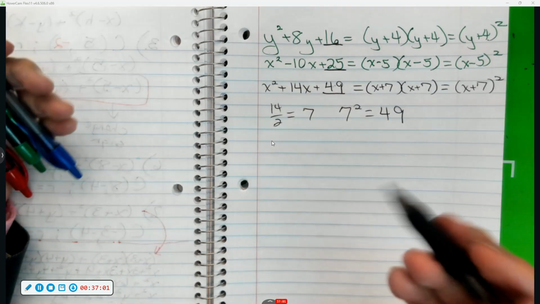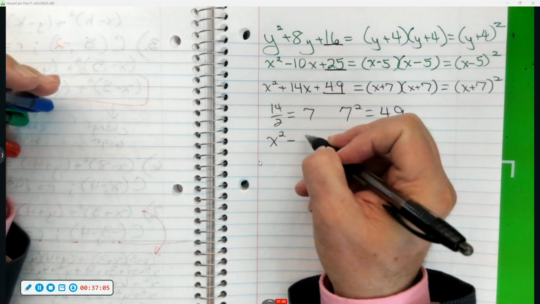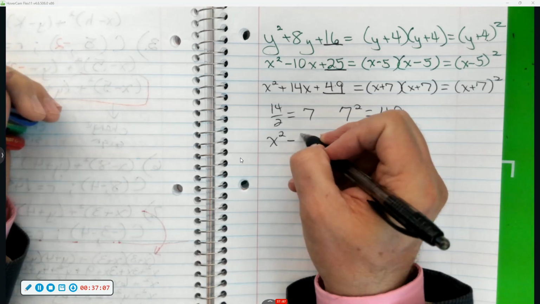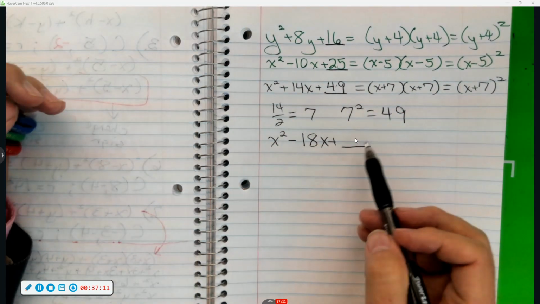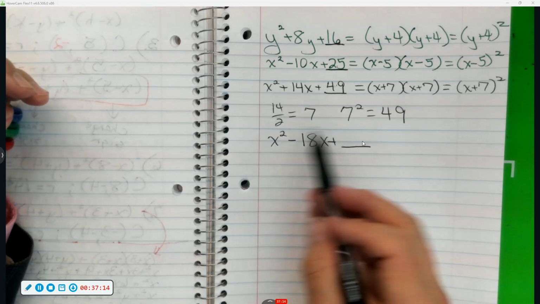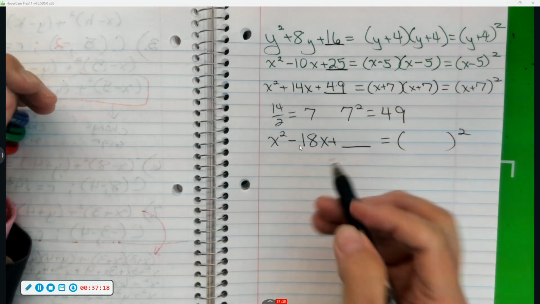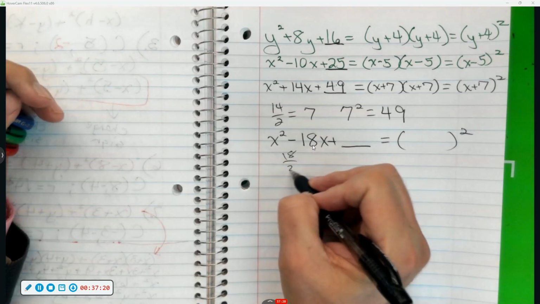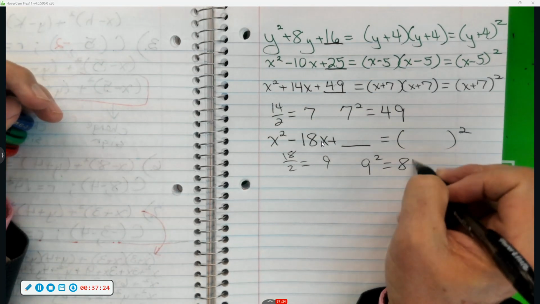X squared minus 18x plus what? What number do we need here to make this a perfect square trinomial? 81. I agree. You take 18 divided by 2 is 9. 9 squared is 81.